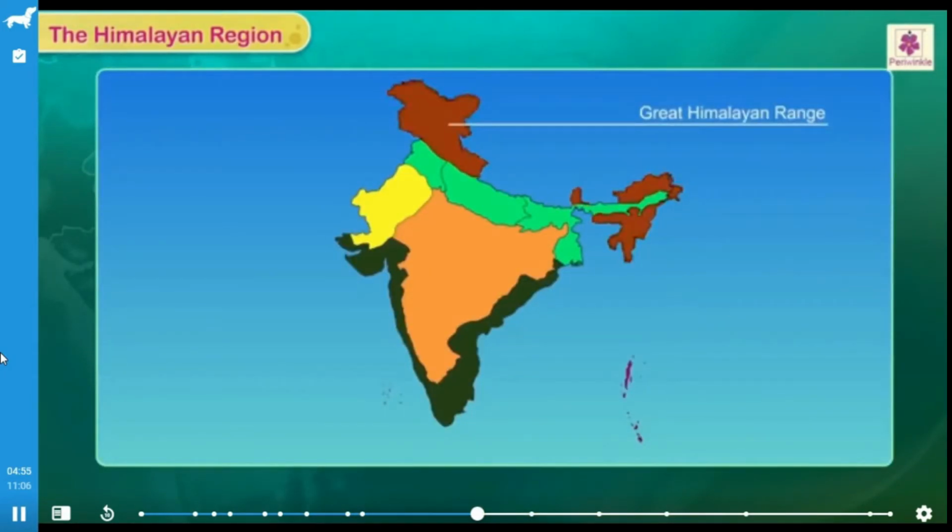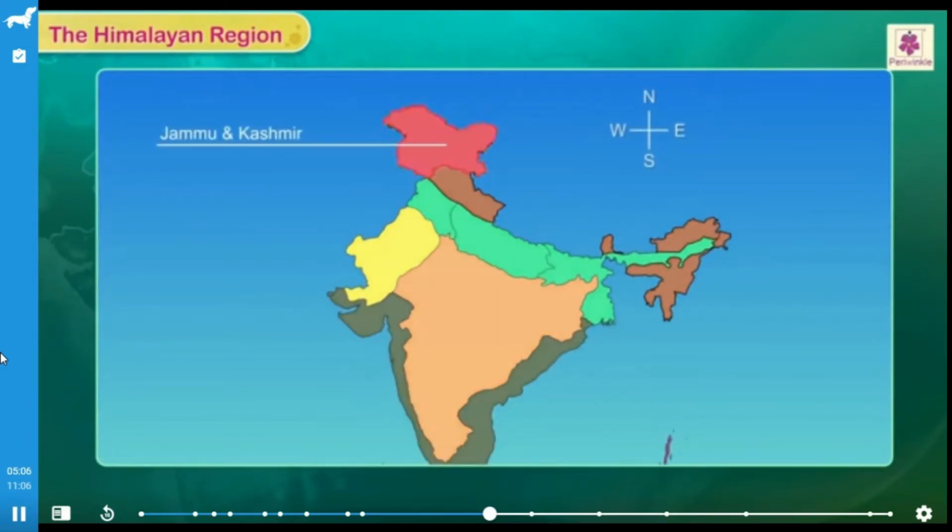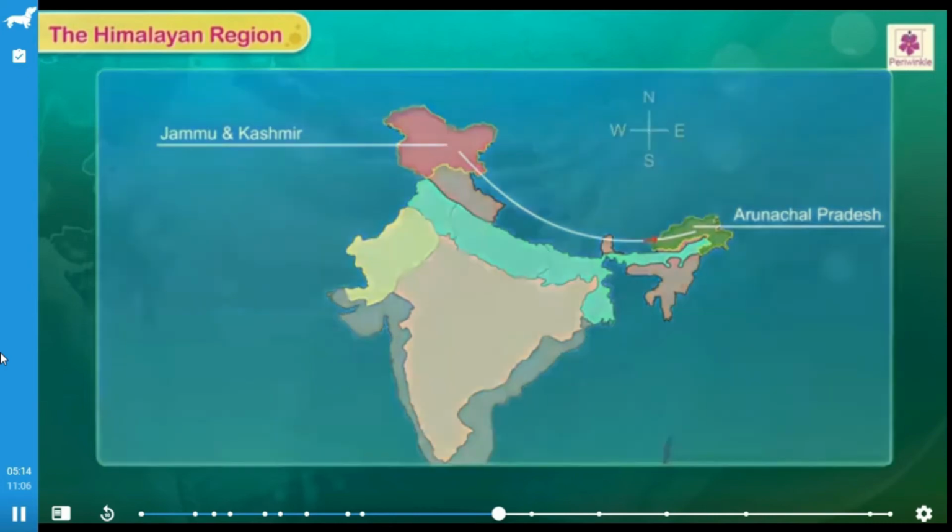The total length of the Himalayan range is roughly 2,400 kilometers. In India, it stretches from Jammu and Kashmir in the west to Arunachal Pradesh in the east.